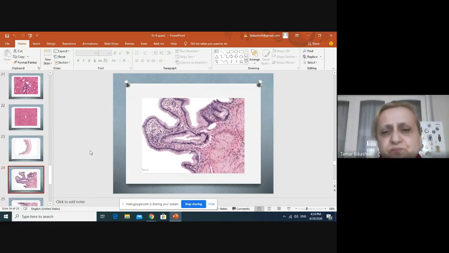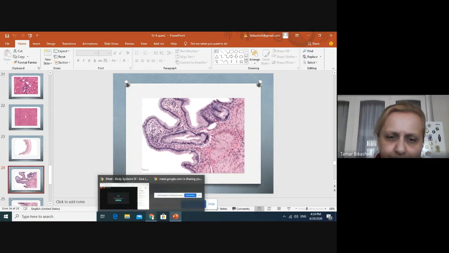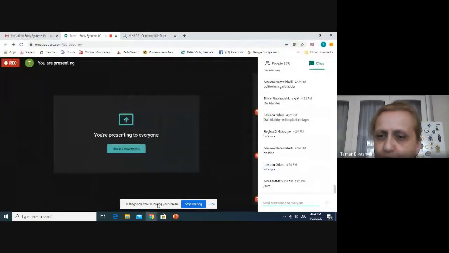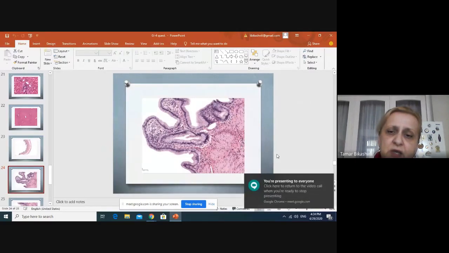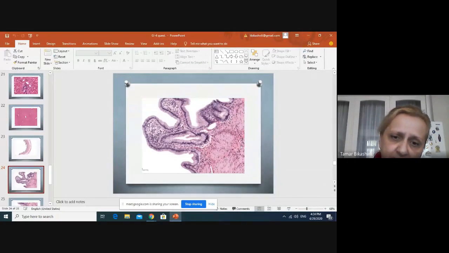Okay, this is again from this gallbladder. And what is this part? Mucosa. Yes, this is the mucosa with epithelial lining and lamina propria. In lamina propria you can see lymphocytes, the blue-stained nuclei.